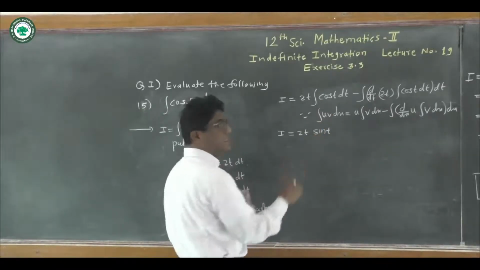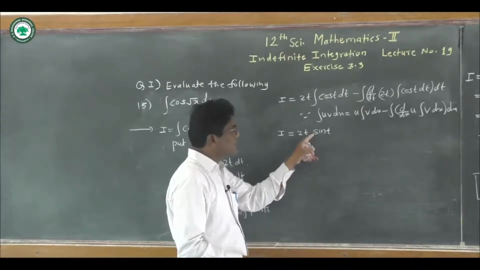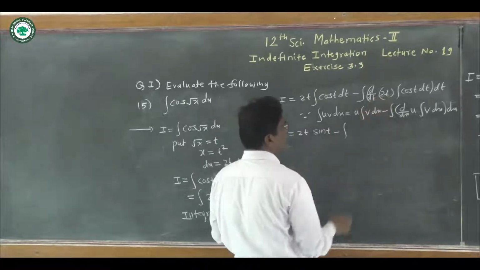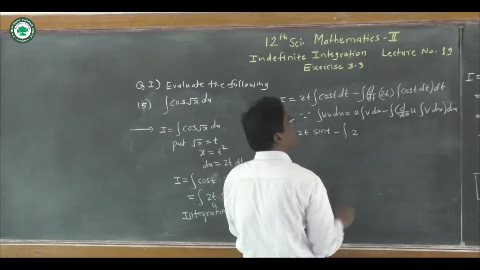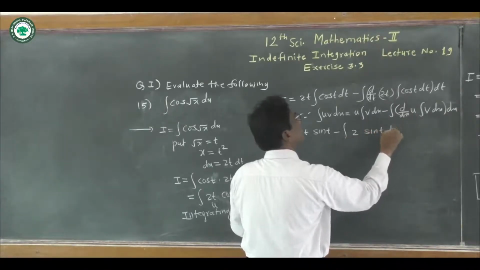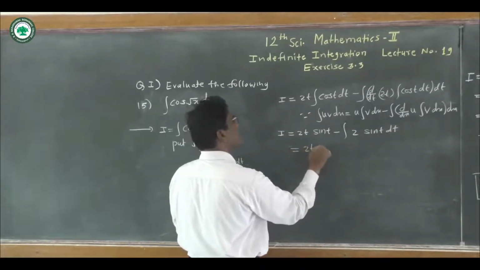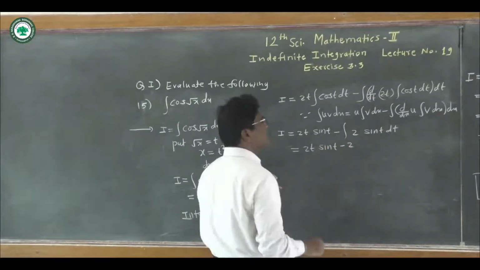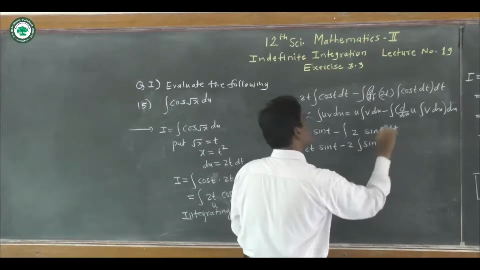Integration of cos t is sin t. The answer does not start with c, the answer starts with s, so it is positive. Minus here integration of d by dt of 2t. 2 into derivative of t is 1, so 2. Integration of cos t is here sin t and dt. So we get here 2t into sin t minus this 2 outside the integral as constant, and integration of sin t dt.